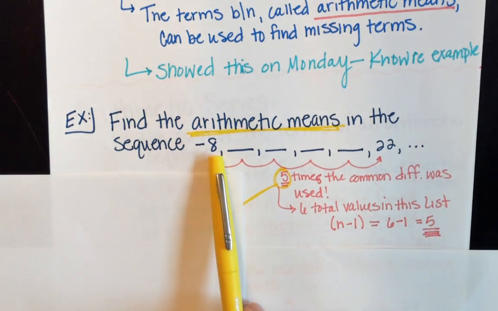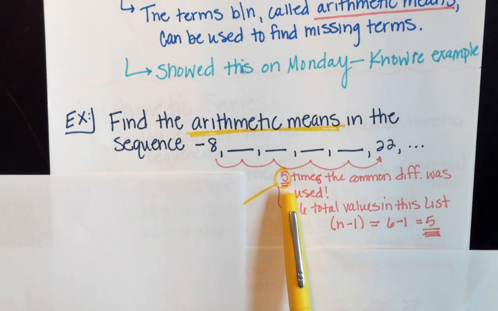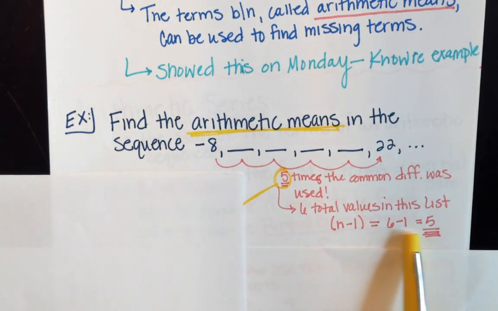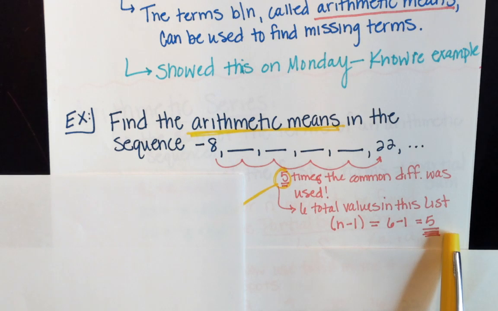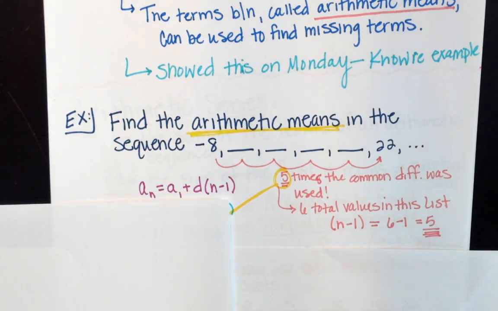Again, to get from -8 to 22 was 5 steps. However, if you want to show how you got that instead of just counting, that n minus 1 is truly where that 5 comes from. And again, we plug it into our formula.